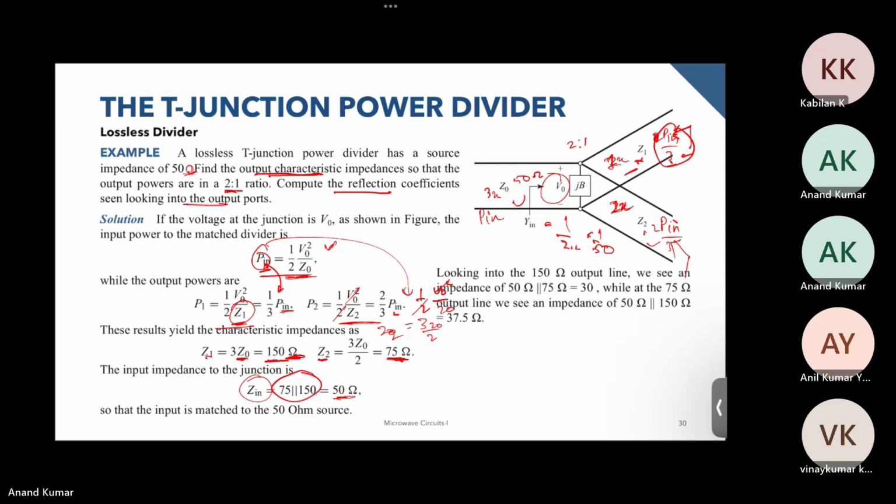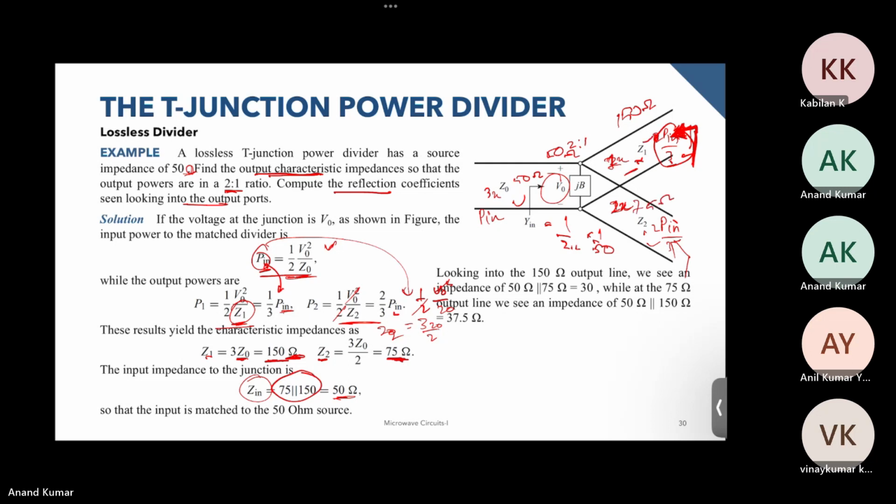Now if we look at this arm from this point, the first thing we see is Z1, which is 150 ohms. Then we see 50 ohms, and this other arm has 75 ohms.